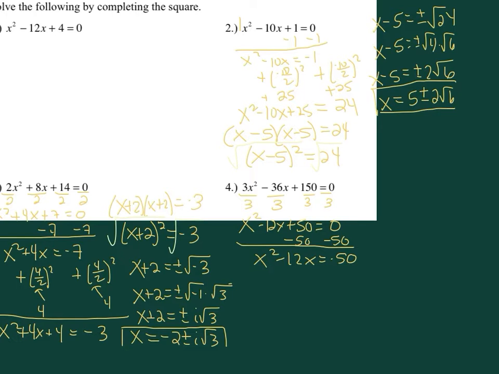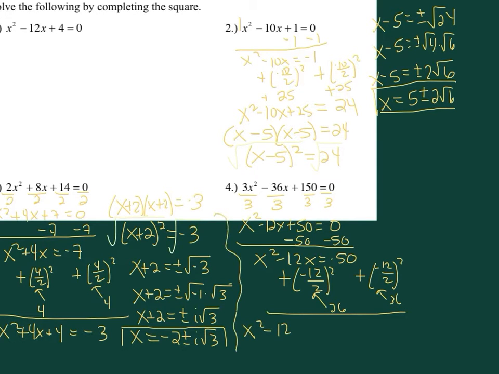Now I'm going to take half of the negative 12, square it, and add it to both sides. Well, half of negative 12 is negative 6, squared is 36. So I'm really adding 36 to both sides. And I'll get x squared minus 12x plus 36 is equal to negative 14.